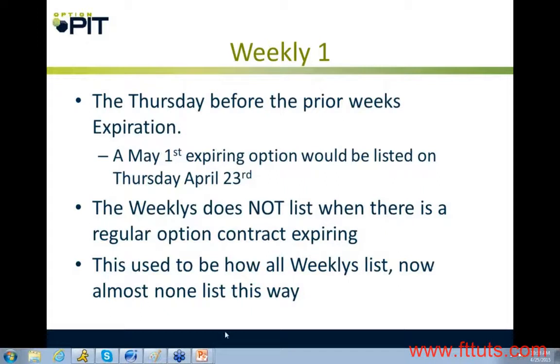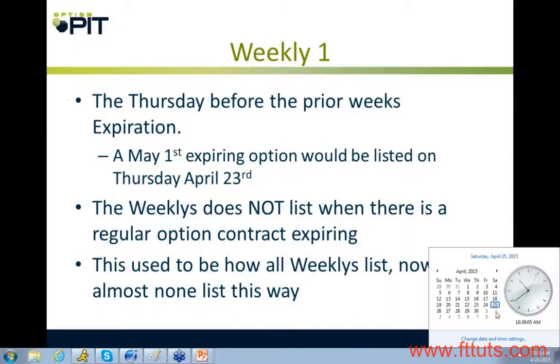So these list the Thursday before the next week's expiration. All right, so a May 1st option will list on April 23rd. So the options that expire next Friday, May 1st, listed Thursday morning.